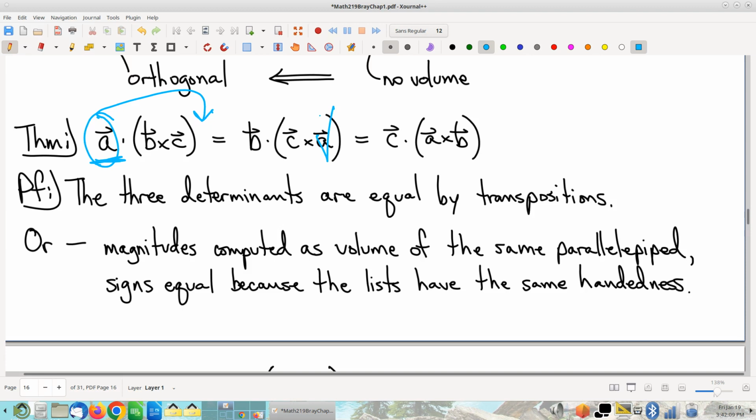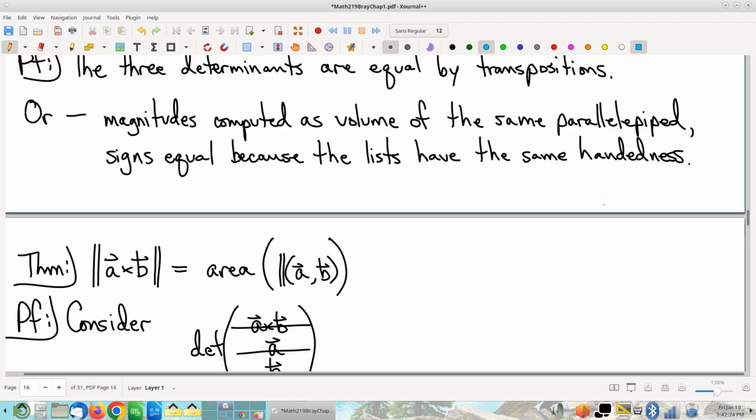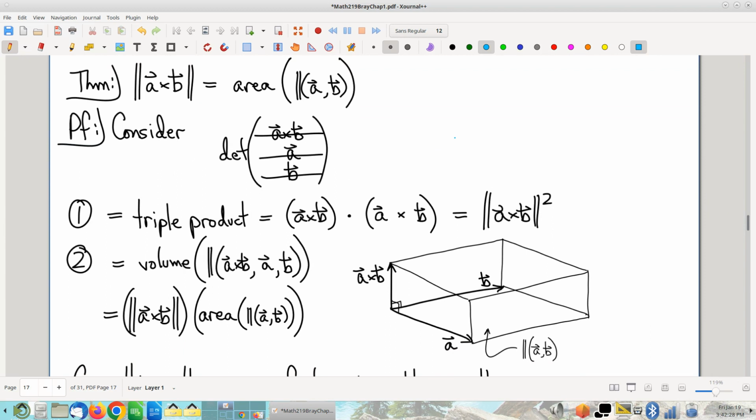It doesn't change by cycling. So, neat fact. And again, it's a neat fact that's true for neat reasons. And you don't have to, but I hope you will take a look at those reasons. Okay. Next fact, and this one really is shocking. And again, you don't have to read the proof, but powerful result here.